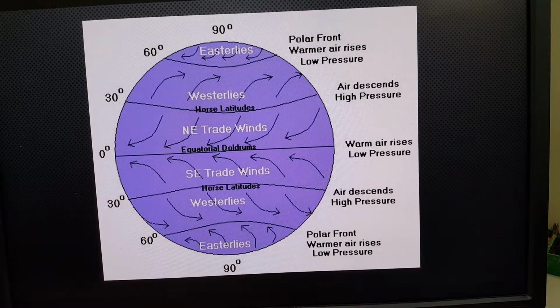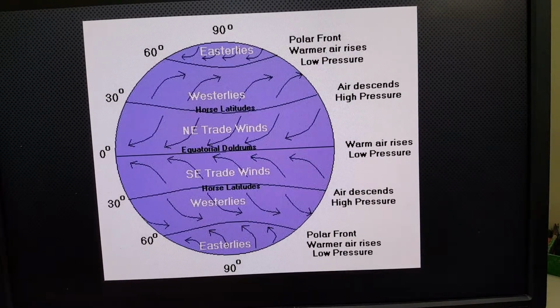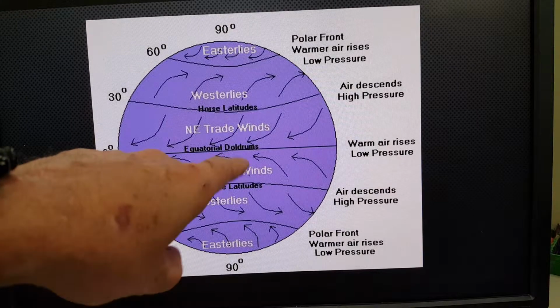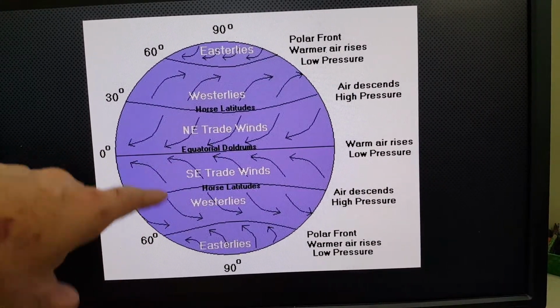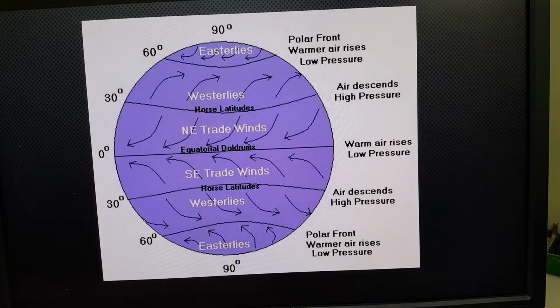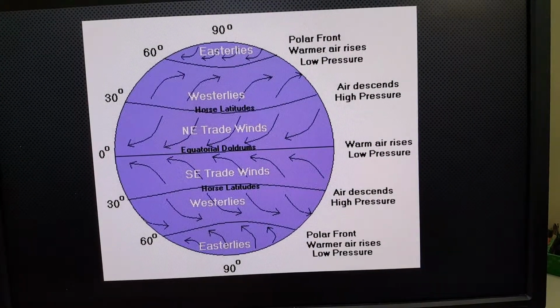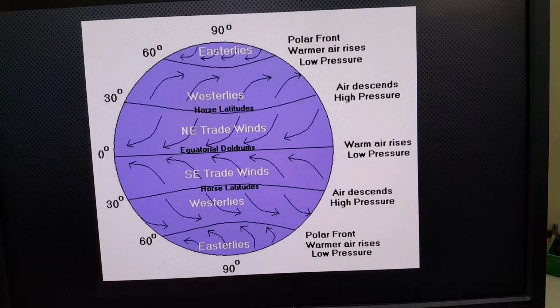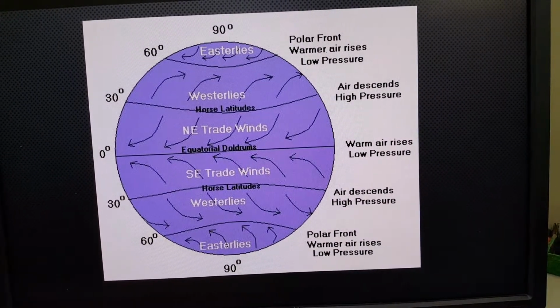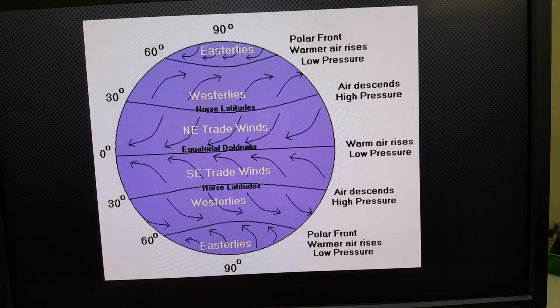Mariners back in Columbus's day were always worried about the equatorial doldrums, and in fact also the horse latitudes, because there was no wind there and they would get stuck. So they were very careful to avoid those areas.